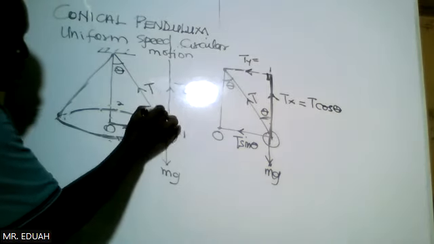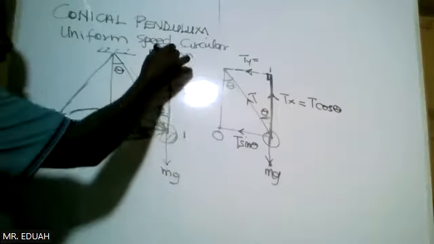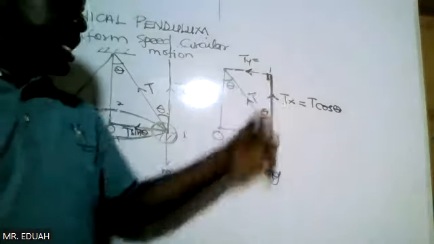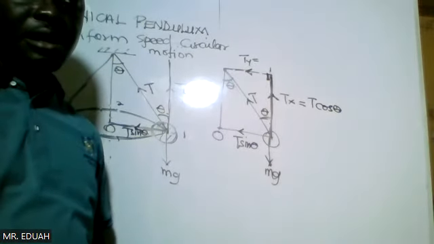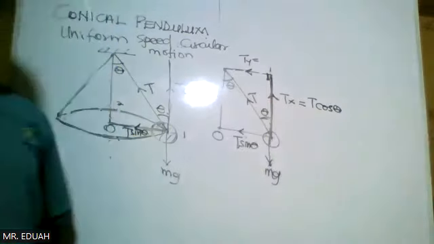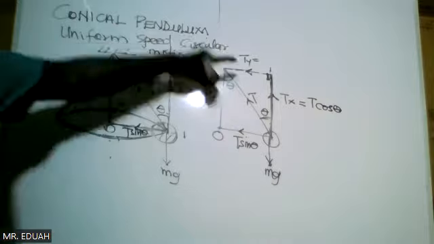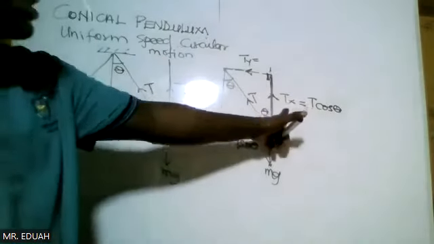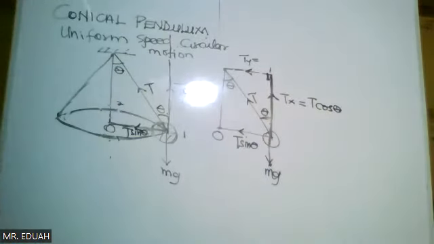Vertical? To the angle theta, what is this side? This is not the vertical. To the angle theta, this is the adjacent, horizontal. To the angle theta, this is the opposite. This side is the opposite. This is the adjacent. That is the reason for Tx and Ty. Are you okay? Yes, sir.